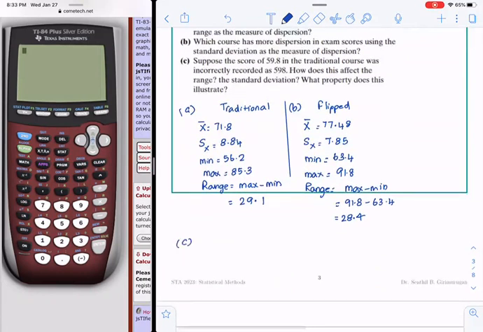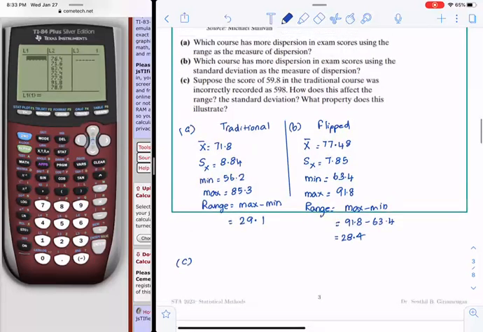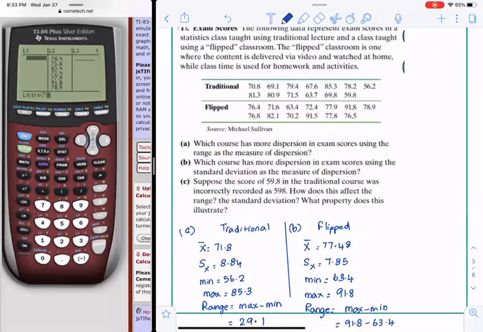so we're going to go to list 1 and change the last observation. Uh-oh. I believe I accidentally deleted. So here we go again.